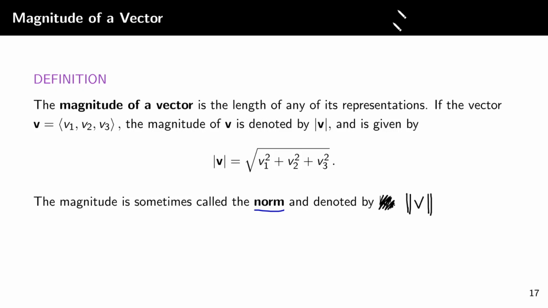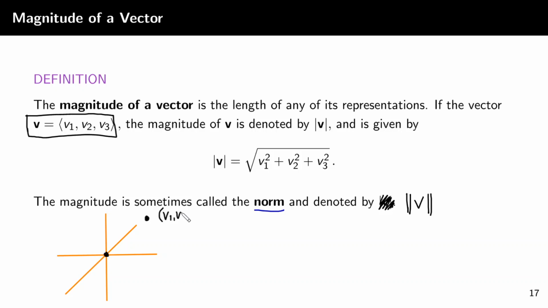So, tingnan natin. So, kung nasa 3-dimensional, I'm going to try to draw the x, y, and z axis. And then, ito yung terminal point ng vector natin. Since nasa position representation tayo, yung initial point natin ay origin, yung terminal point natin will be the point with coordinates v1, v2, v3. And then the length of the magnitude of the vector will just be the distance from the terminal point to the origin.